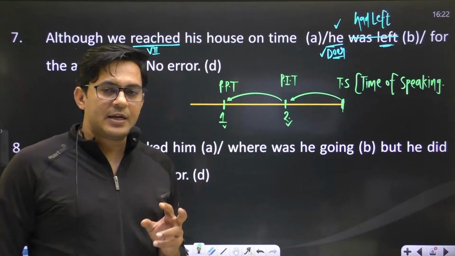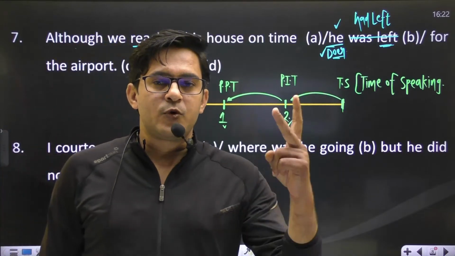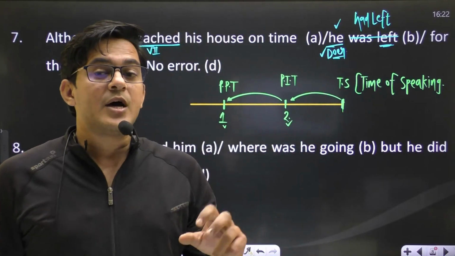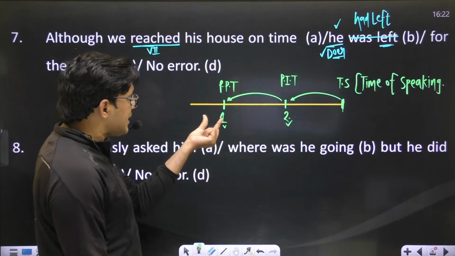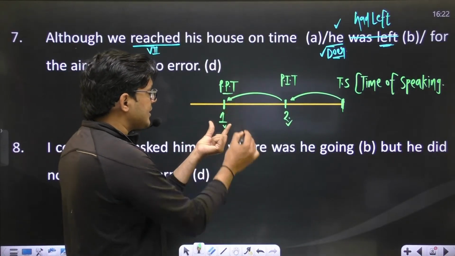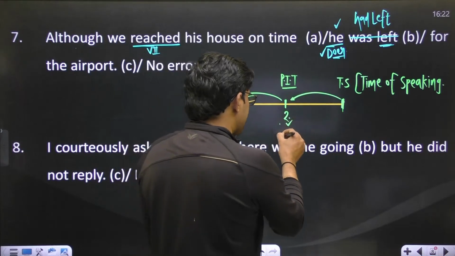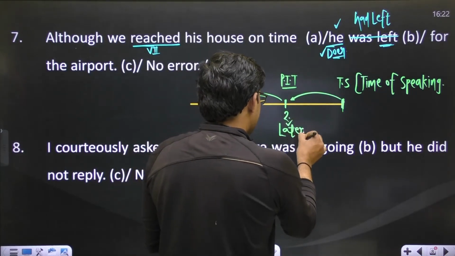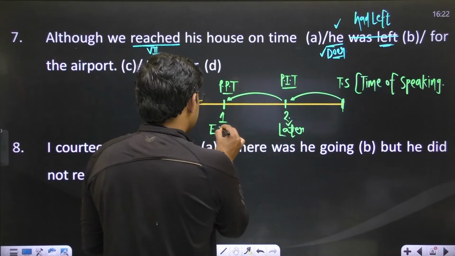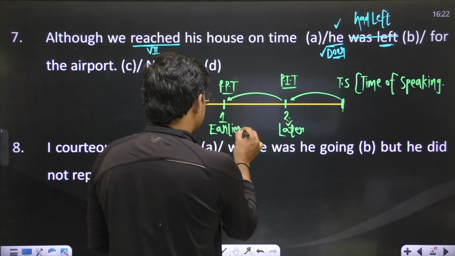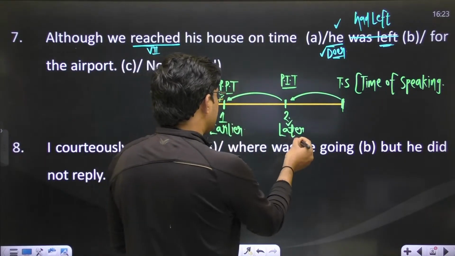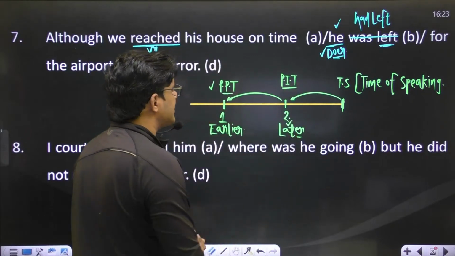So the main concept is, if two actions happen in past tense, the action which happens earlier comes under past perfect tense, and the action which happens later comes under past indefinite tense.